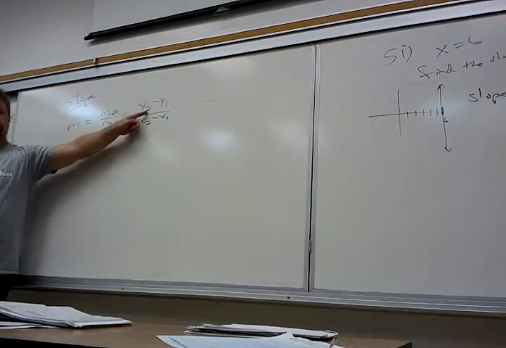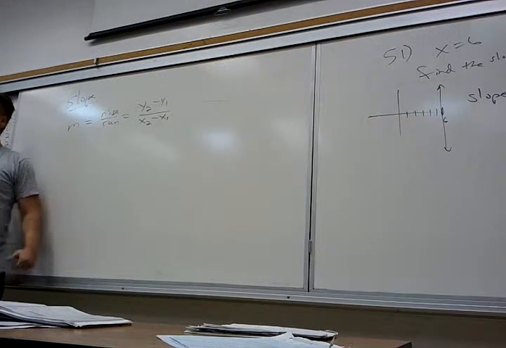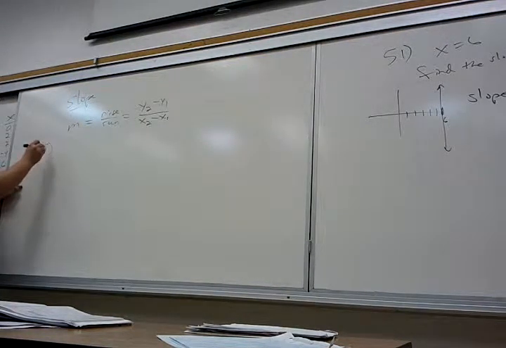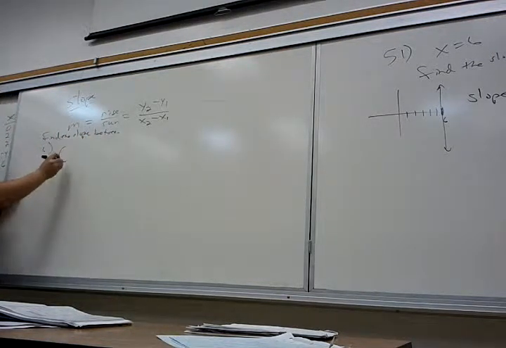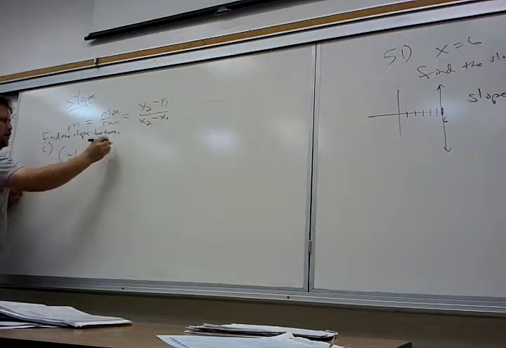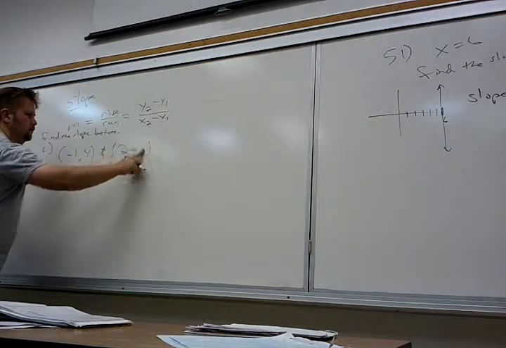So this is the one you use when I just give you points. Can you find the slope between -1, 4 and 2, -7?